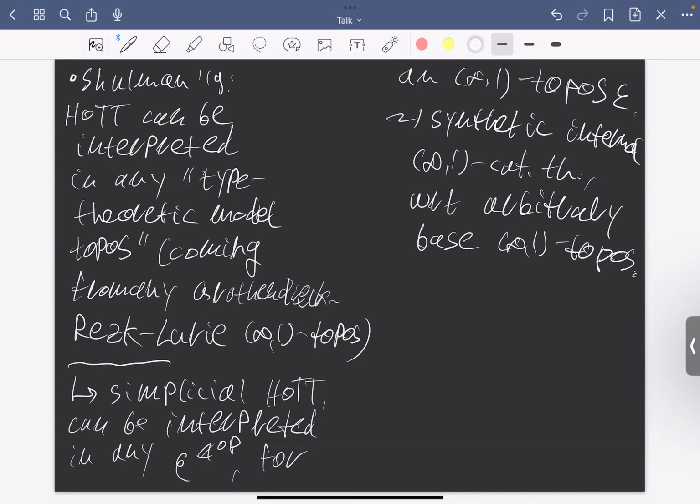But talking about these foundations, I just wanted to make it clear once and for all.